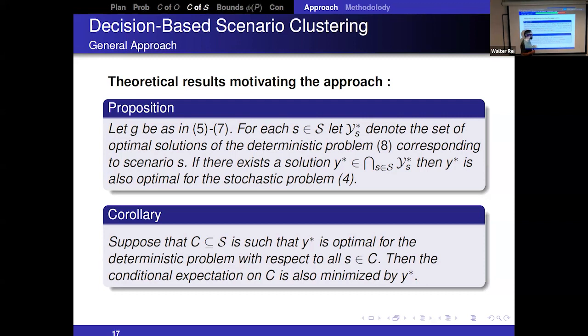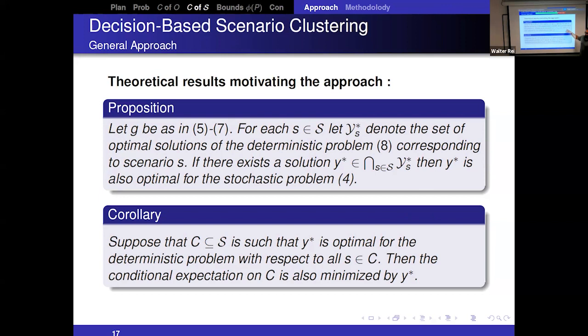Okay, so suppose that you have these sets here. You're grouping all of the optimal solutions associated to a given scenario. Well, if somehow there is a common solution to all of them, then it is also optimal to the stochastic problem. So if a single solution is optimal for all deterministic scenario-defined problems, then it's optimal.